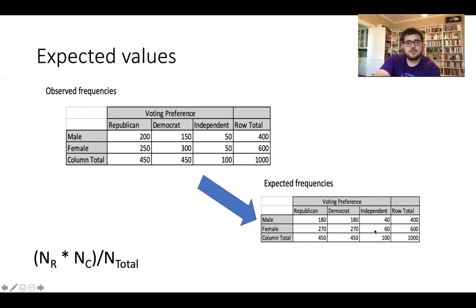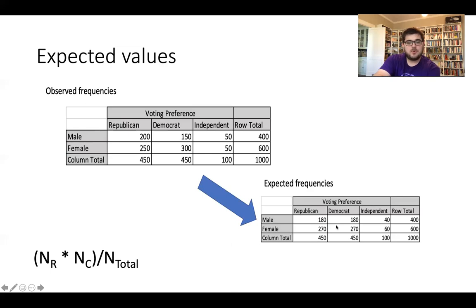That's what all these numbers represent in this table down here. We would expect to see 180 male Democrats if the null hypothesis was true. There were actually 150. So we would expect to see slightly more if the two factors are really independent, and so on and so forth. This is the real data up here, and then we use math to say, this is the data you would expect to see if the null hypothesis were true.